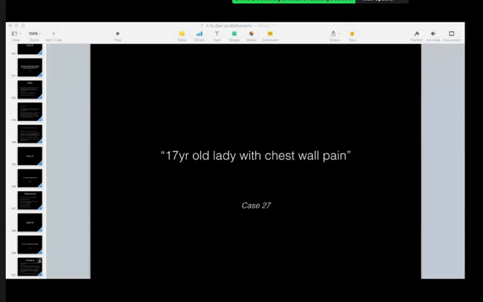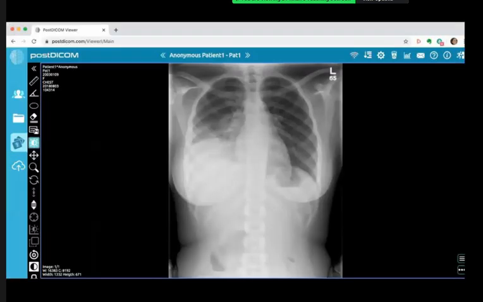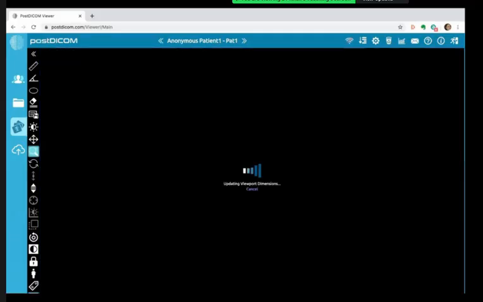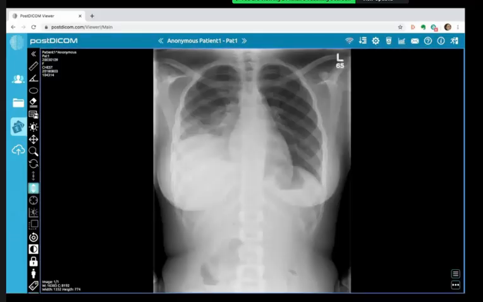Okay, I can still see the PowerPoint presentation. Okay, so we'll start with chest X-ray. Can you see it now? Yes. Whenever you're ready, have a look.